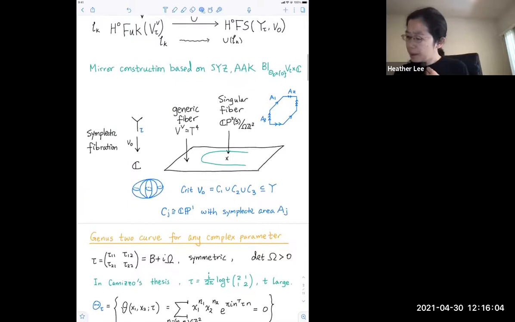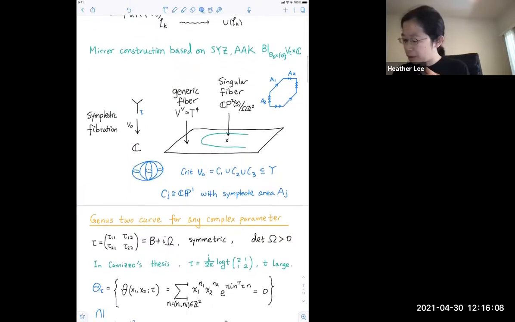So in Catherine's thesis, this complex parameter was chosen so that on this side, the 3 spheres have the same area, and that gives a 1 parameter family. And here we would like to have 3 parameters that are freely varying.